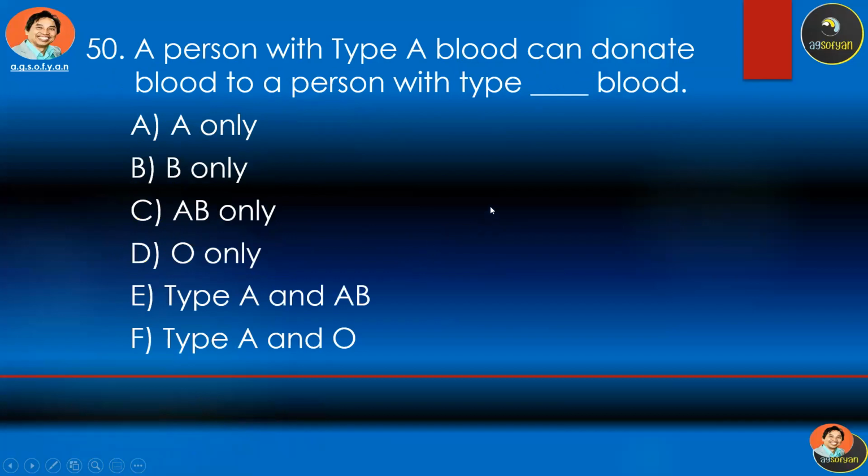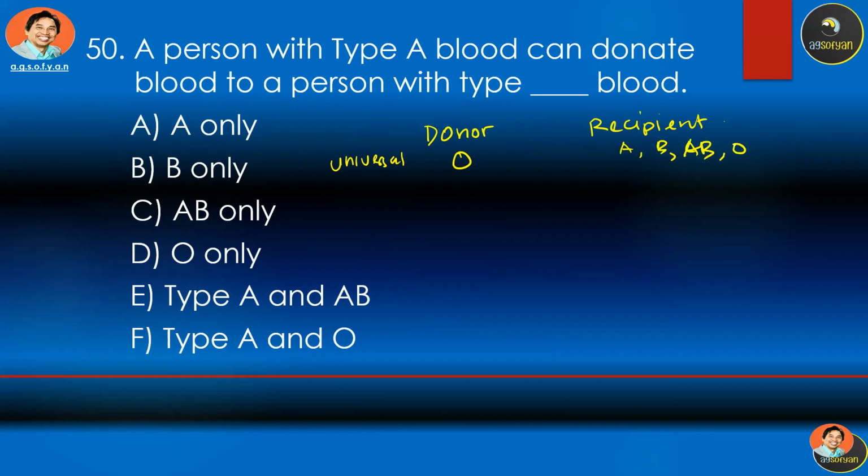A person with type A blood can donate blood to a person with type blank blood. Remember donor and recipient. The universal donor is O. So O can give blood to any blood type.